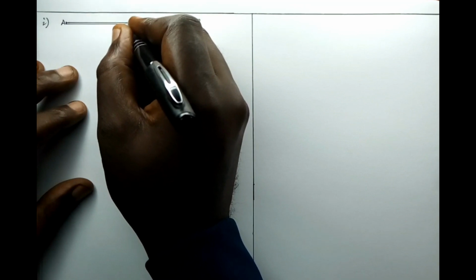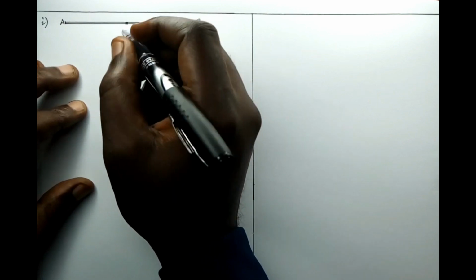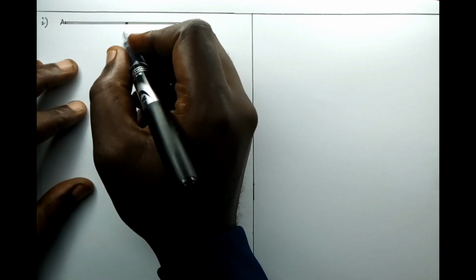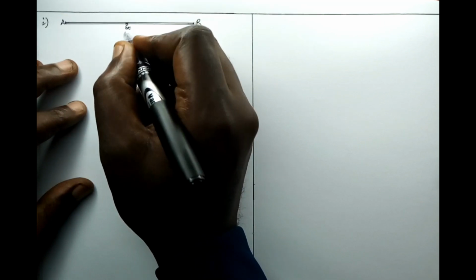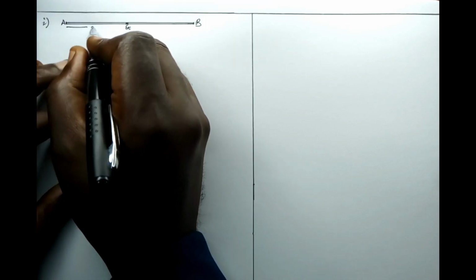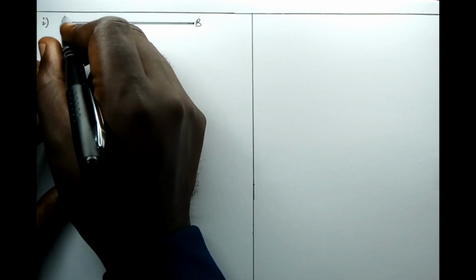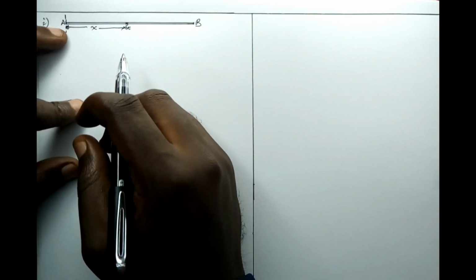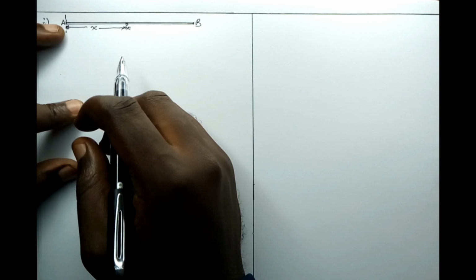So to start, we divide this rod into very small elements, many of them, an infinite number of them, each of length delta x and distant x from the axis of rotation. Remember, the axis is perpendicular to the plane of the rod and passing through A, which is one end of the rod.